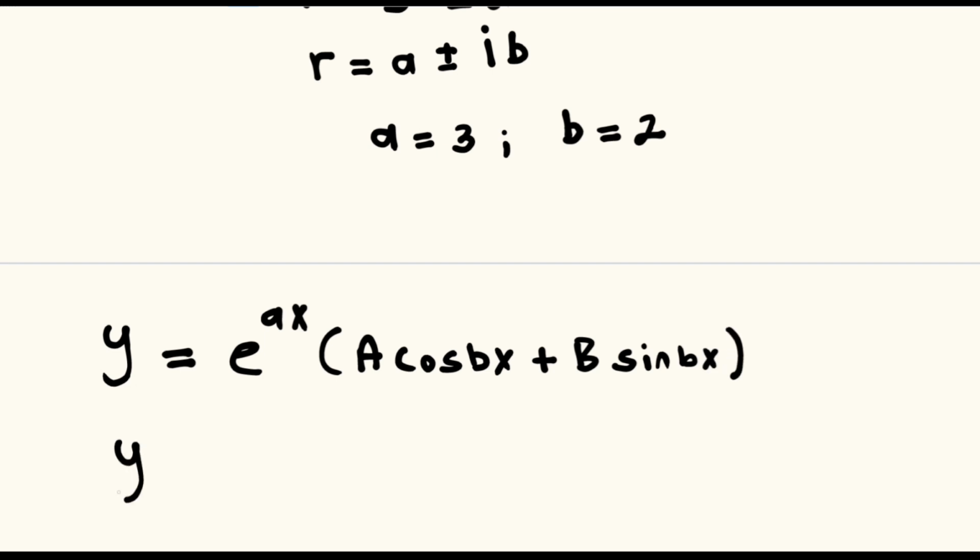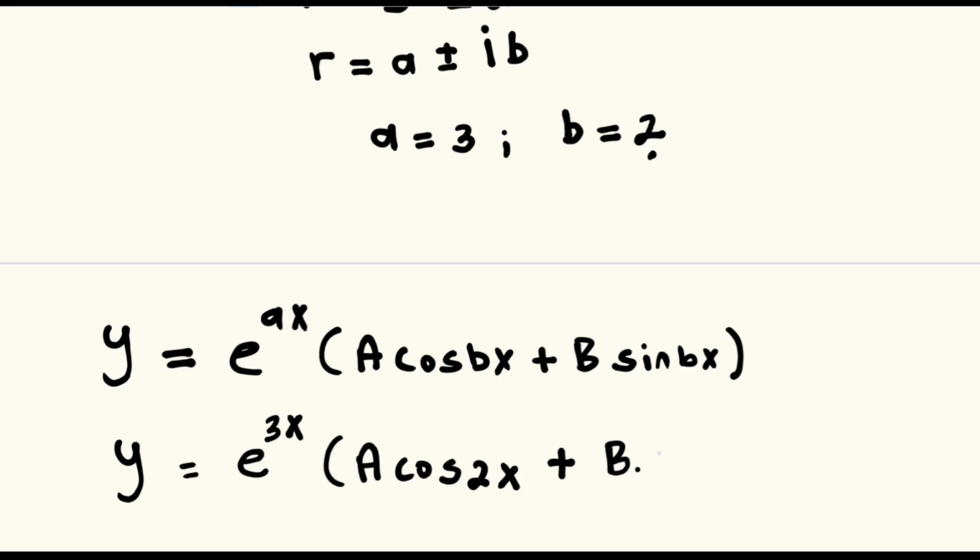So our y will be equal to e raised to the power ax. Our a is equal to 3. And we have this capital A multiplied by the cos of b, which is equal to 2x, plus the capital B multiplied by sine of the small letter b, which we determined as 2x. And this will be our general solution.